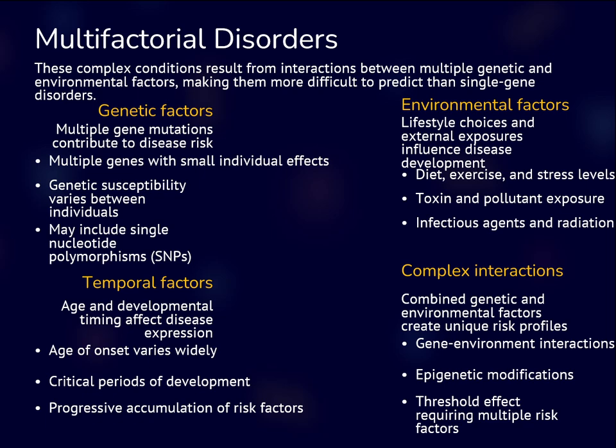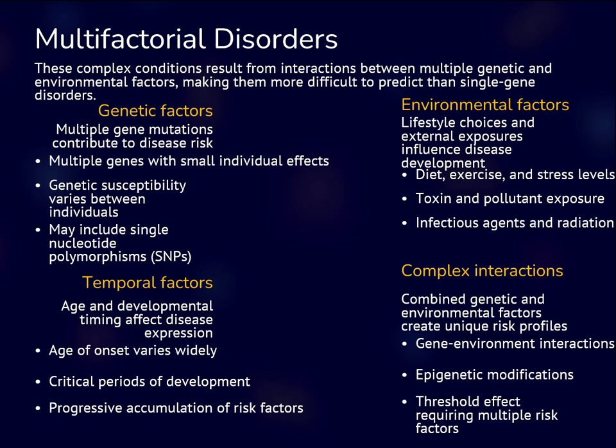Now let's talk about multifactor disorders. These are conditions that don't have just a single cause, like a faulty single gene. Instead, they have many different genes and many different environmental factors interacting. Think of it like a recipe with many ingredients.